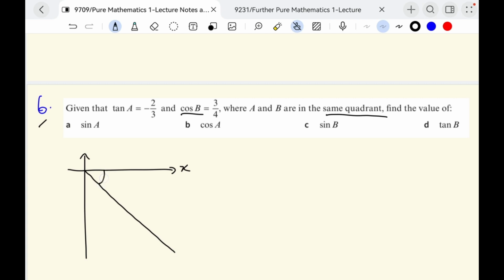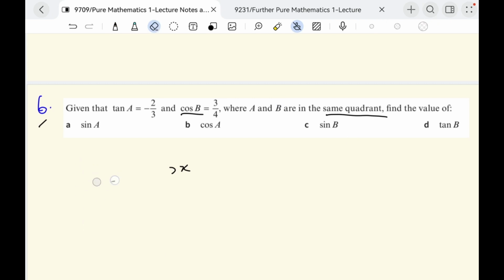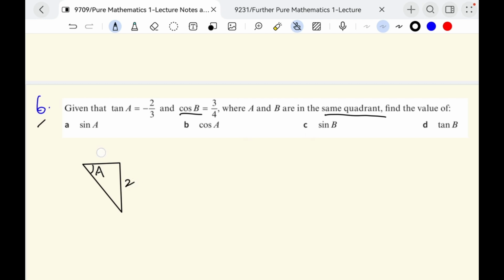So this is your angle A. But actually we just need to draw a triangle to illustrate that angle A is deflected from the positive x-axis, where this is 3 and this is negative 2, because we have to consider the directions of the negative angles. So let's look for sine A.